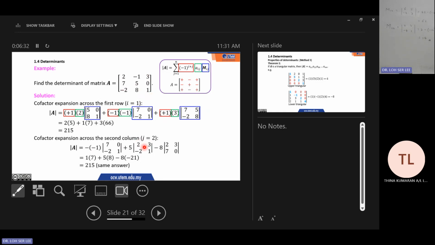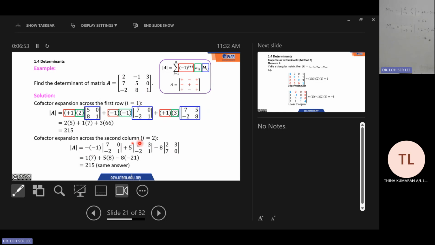And then plus again. The alternating sign of this is minus. That's why you have a minus here. And then 8 is the entry itself. And then remove this 2. You have 2, 3, 7, 0 for the minor.